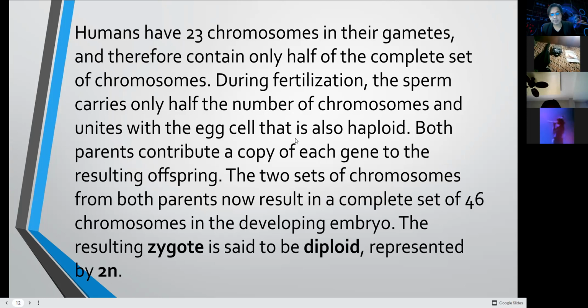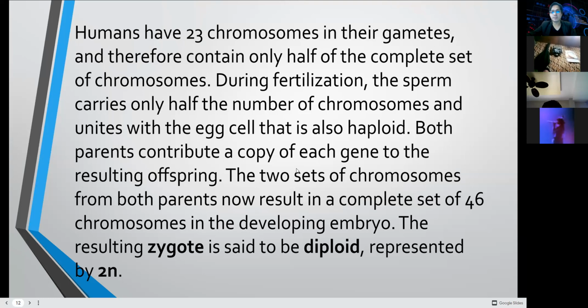For humans we have 46 because it came from 23 chromosomes from the sperm and 23 chromosomes from the egg. All in all, we have 46 chromosomes, right?